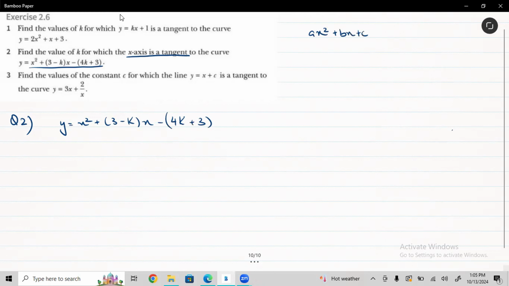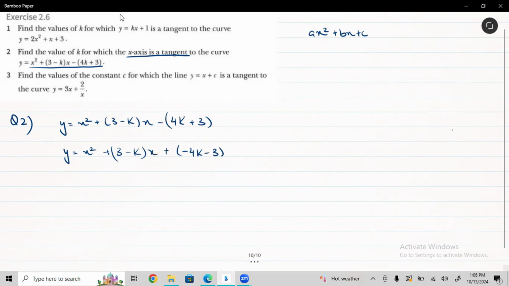As you can see, it's not following the general form, because there's a negative here. We turn this negative into a positive, so y is equal to x squared plus (3 minus k)x plus (negative 4k minus 3).